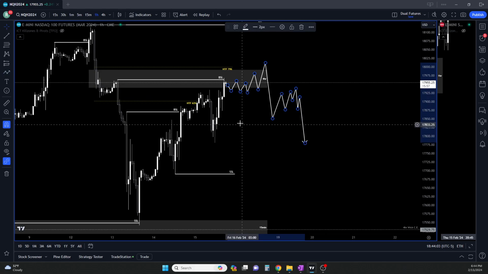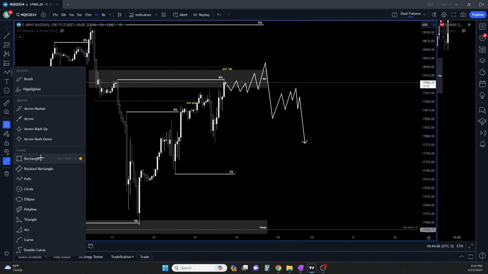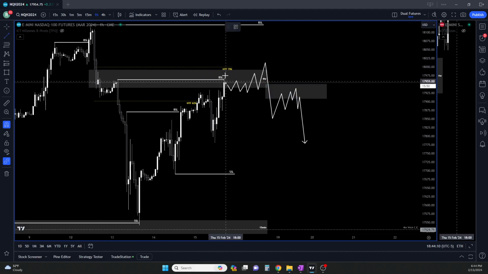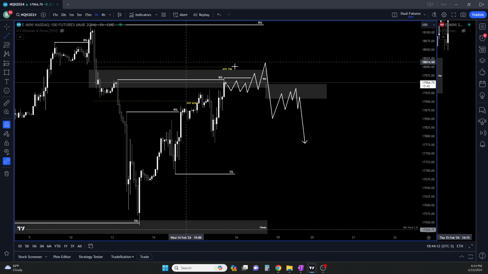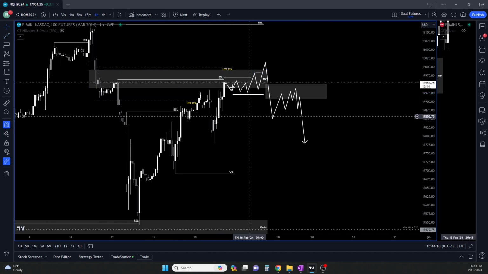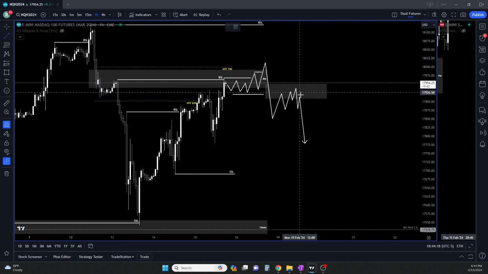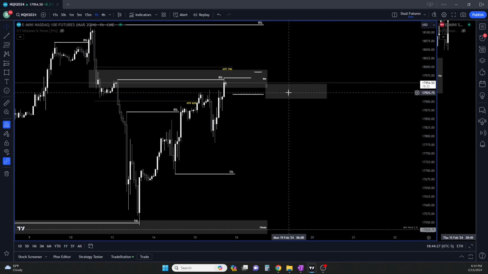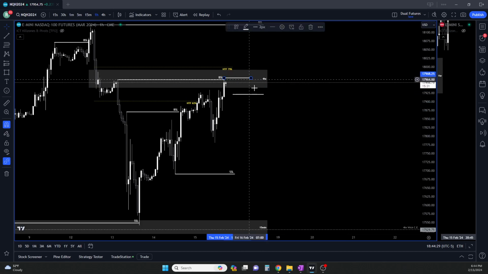That way I could target something like that, right? Where you come up, take this high, take this high, you have your market structure shift to the downside, fair value gap, internal model, right? Market structure shift, fair value gap. That's the only way that I would be looking to take shorts here.